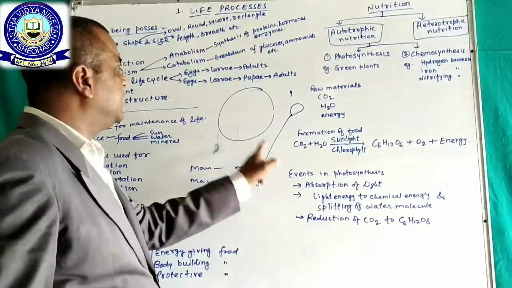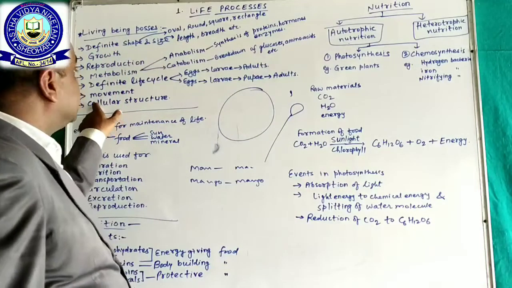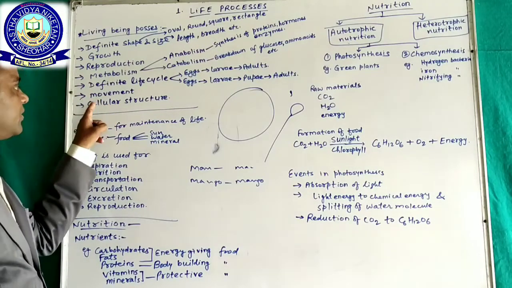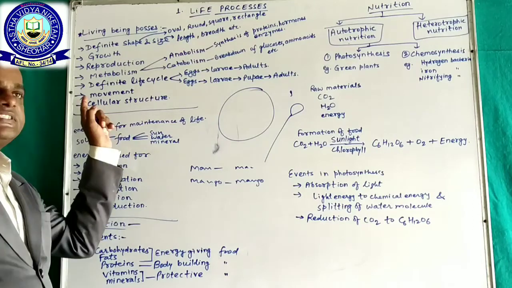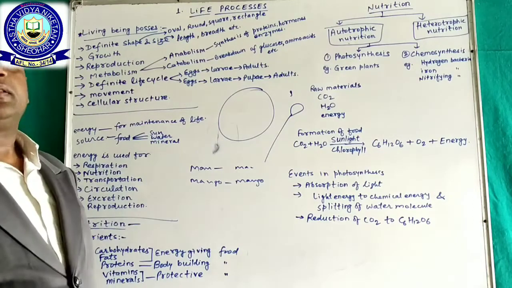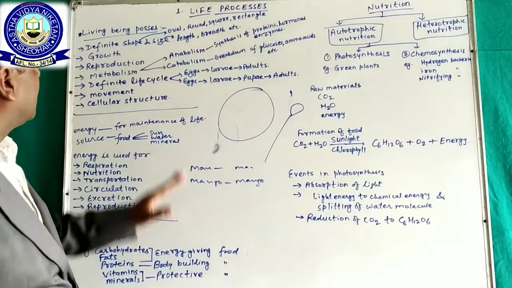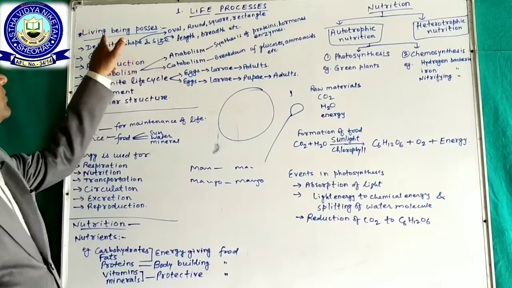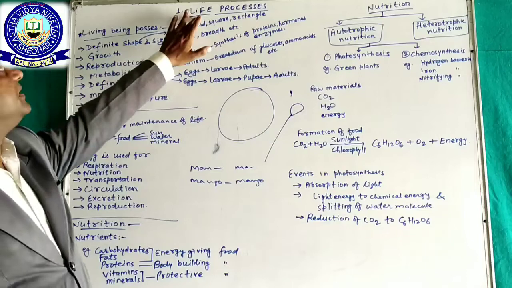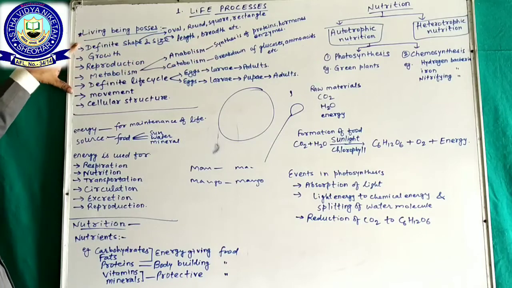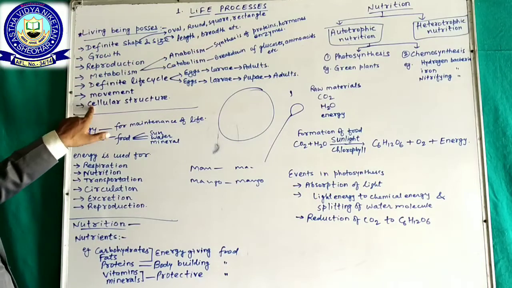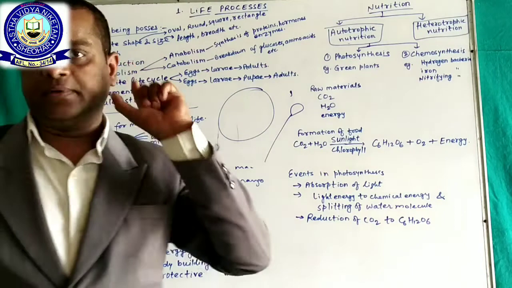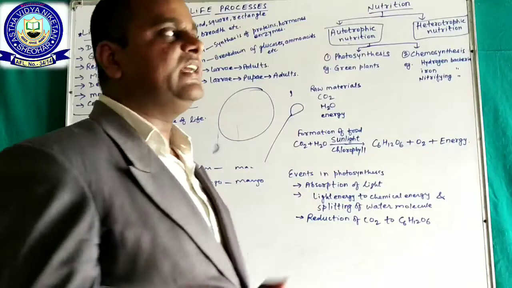In this way we can say living organisms have some cellular structures that cause life. So we can say life means whatever is given here that is possessed by a living organism, that is life. Otherwise we can't say life.